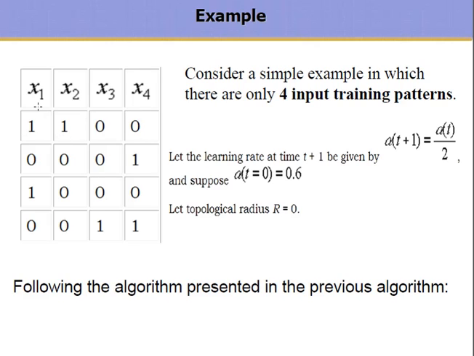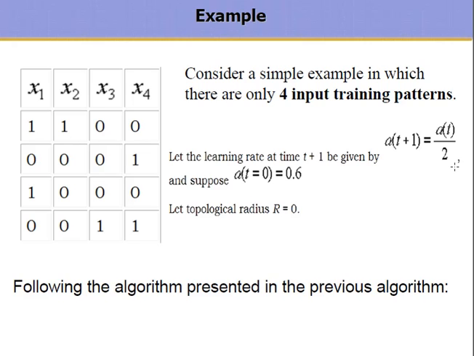We are representing them with x1, x2, x3 and x4 here, and the learning rate at time t plus 1 is given as alpha at t plus 1 equals the learning rate at time t divided by 2.